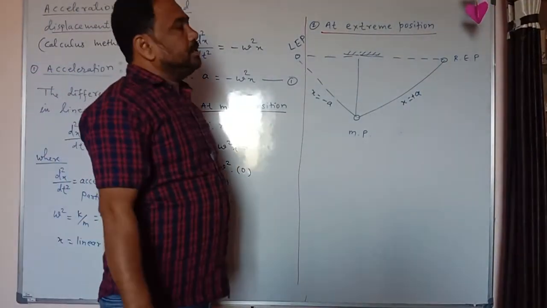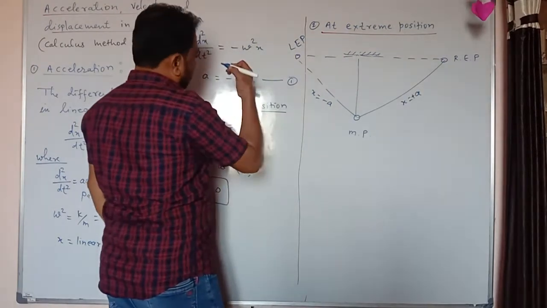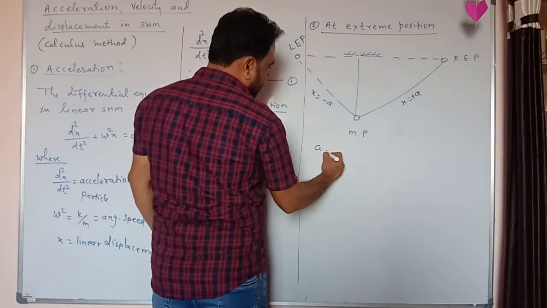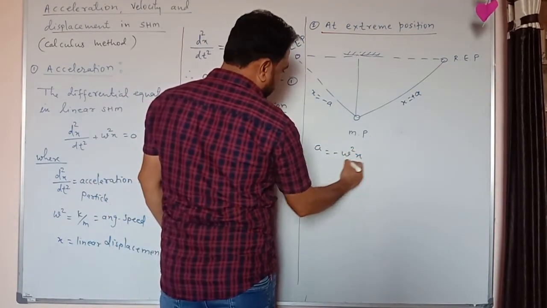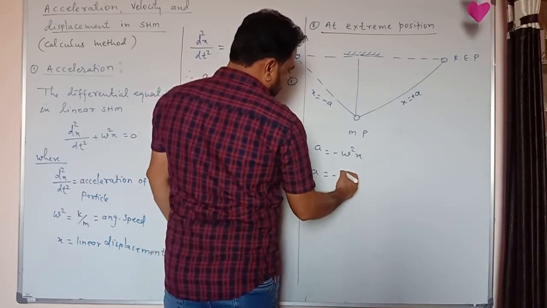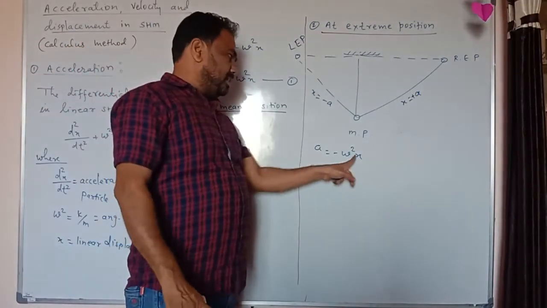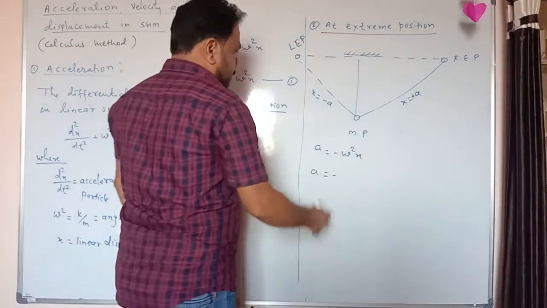So at extreme position, what is the value of acceleration? Acceleration a is equal to minus omega square into x. This minus sign indicates only the direction of acceleration and displacement.